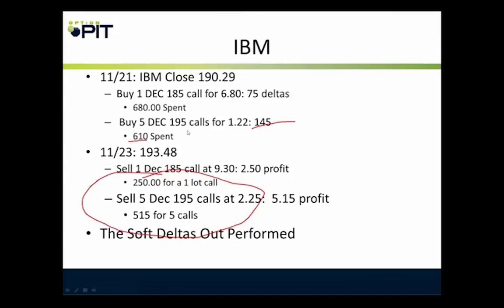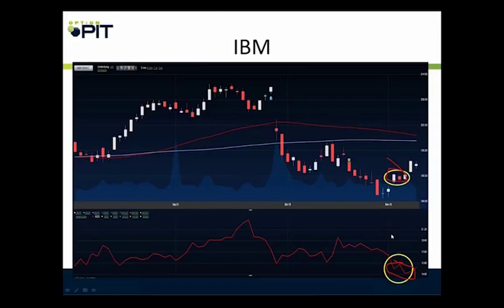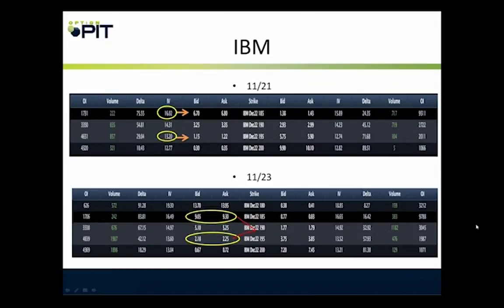I spent $610 on five calls. A couple days later, the stock's up $3. Look how much better I did. I made more than double on my out of the money calls than my in the money calls. And why? Because we got a quick move and vol rallied. Very simple.